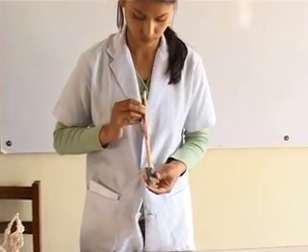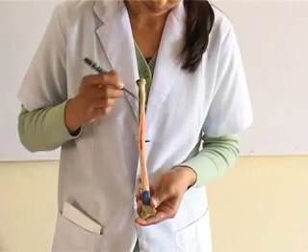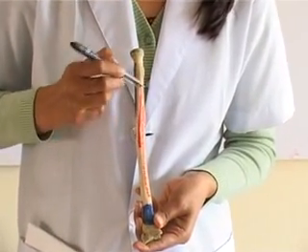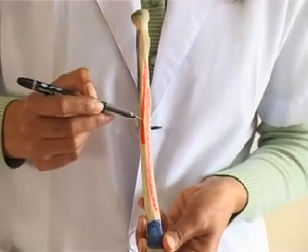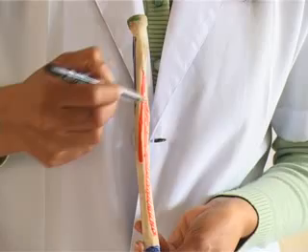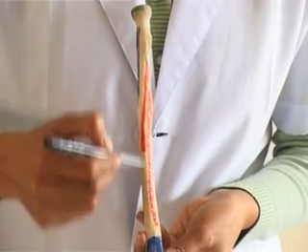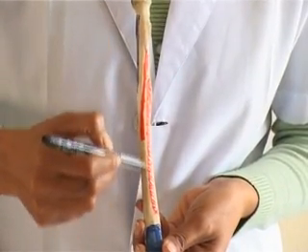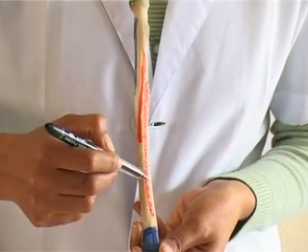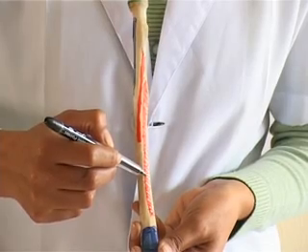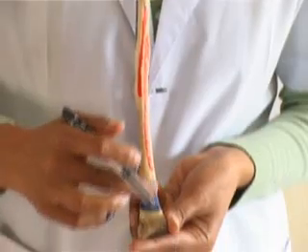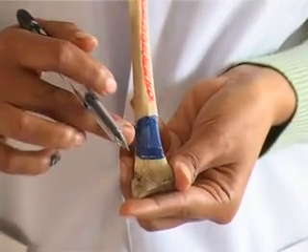Anterior oblique line gives part of origin to flexor digitorum superficialis muscle. Concave anterior surface in upper 3/4 part gives origin to flexor pollicis longus, and lower 1/4 gives insertion to pronator quadratus muscle.